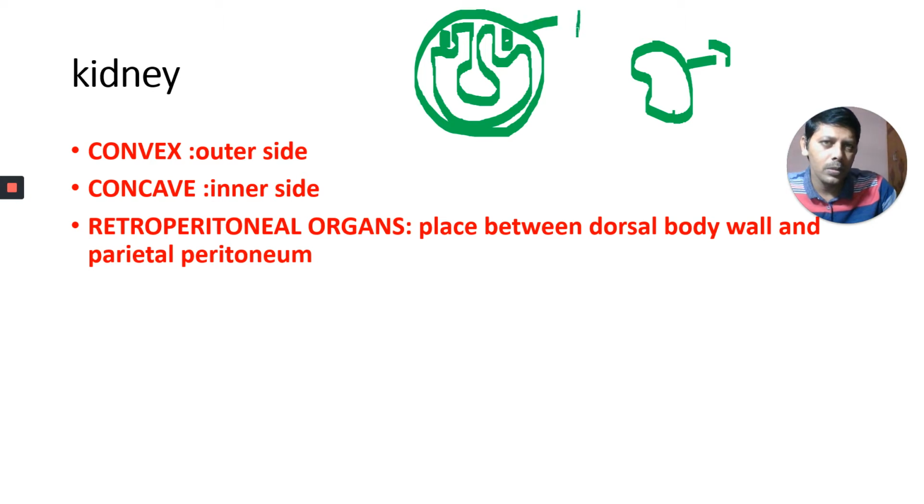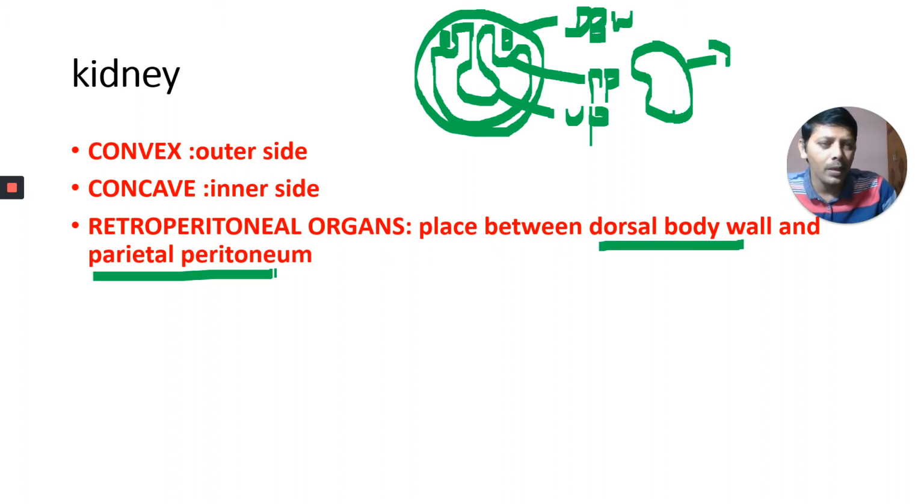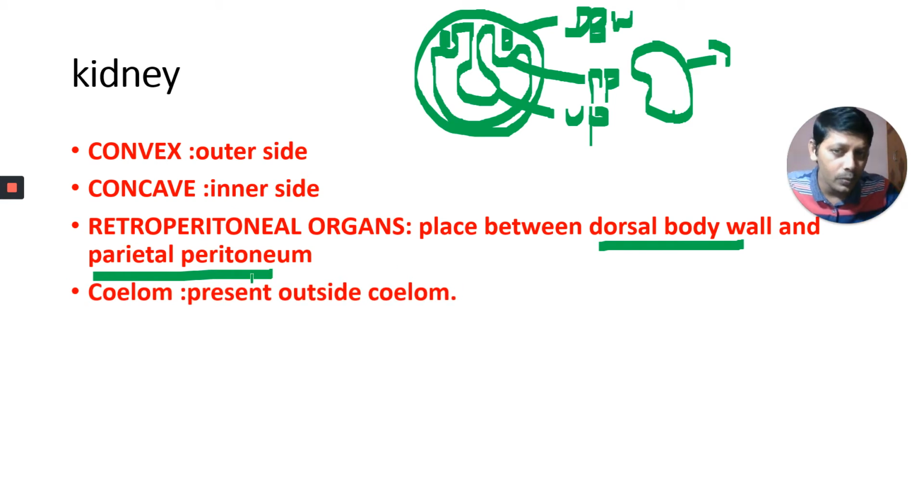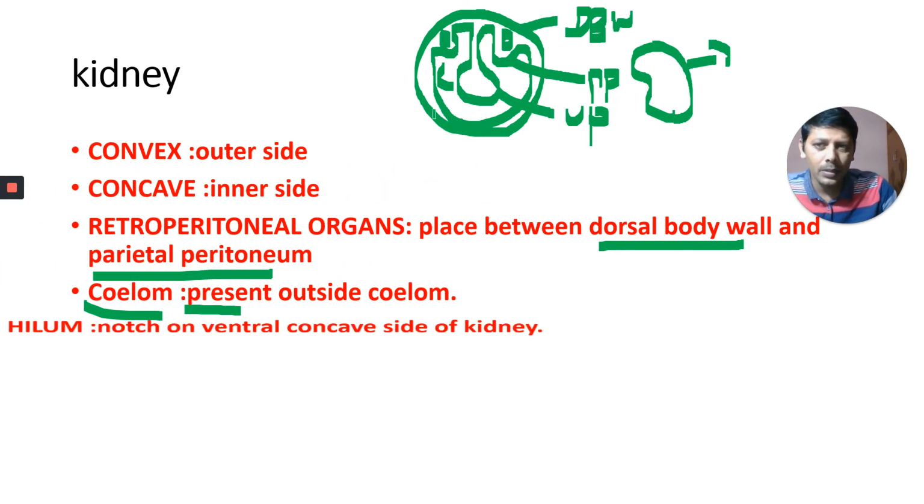This is the parietal peritoneum. The kidney is present between the dorsal body wall and the parietal peritoneum only, on the dorsal side. It is present outside the coelom.